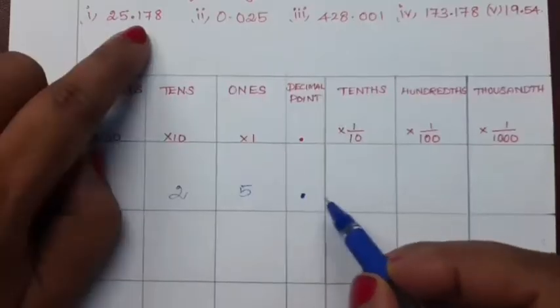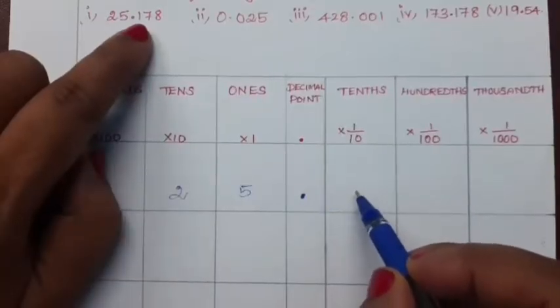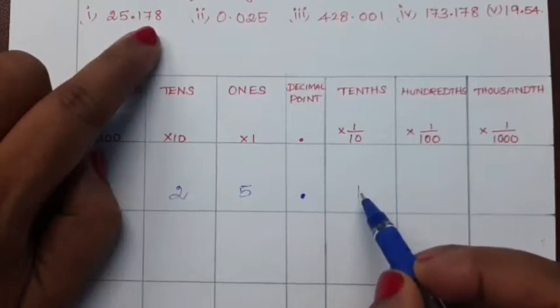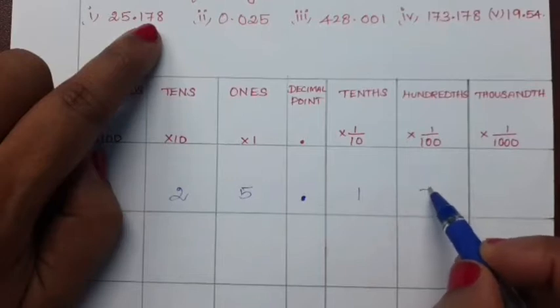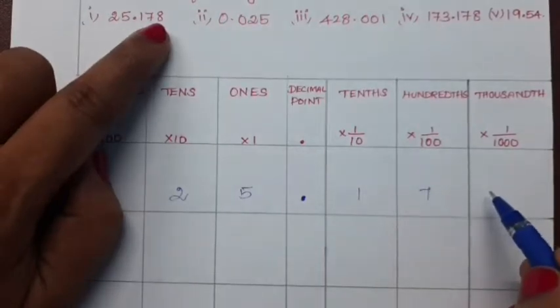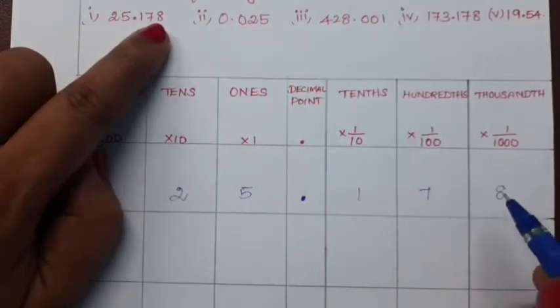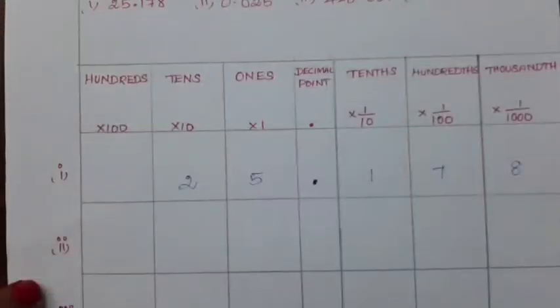To the right of the decimal point we have 1 in tenth place, 7 in hundredth place, 8 in thousandth place. This is how we should write this given number in the place value table.